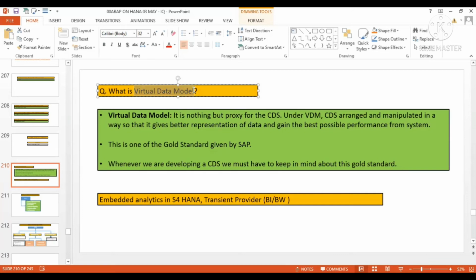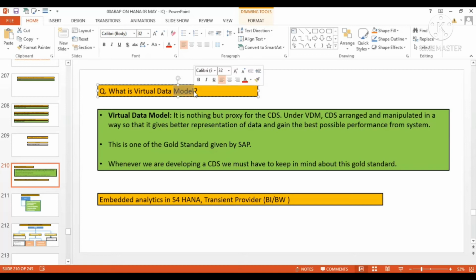and aspect of this virtual data model. Virtual means which really does not exist. That's the meaning of virtual. Data, the raw information. Model is nothing but the representation of data. Okay.